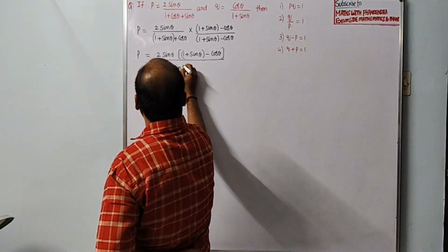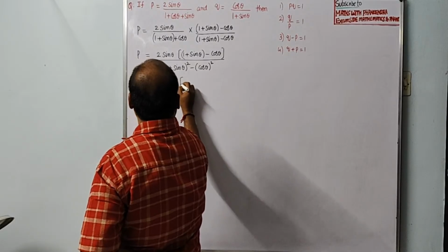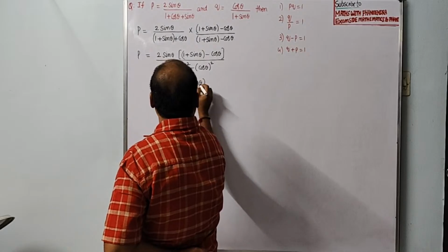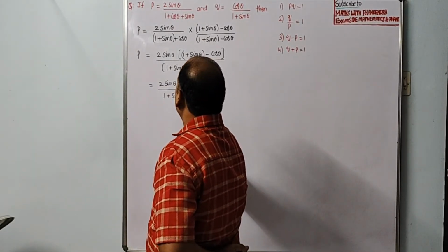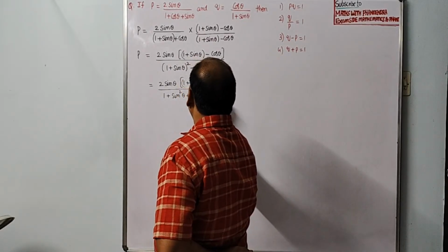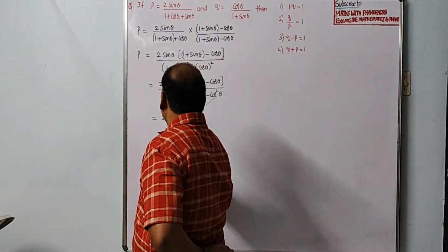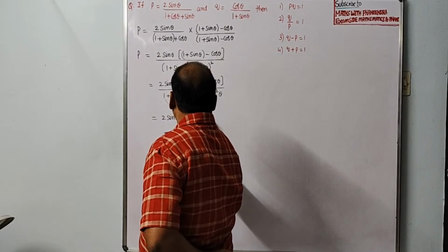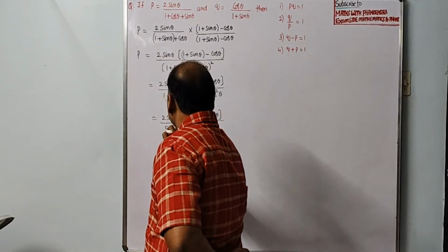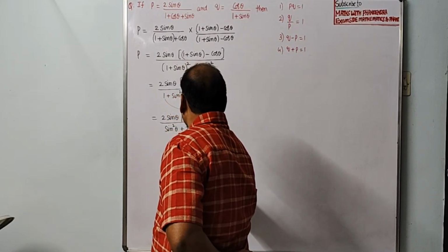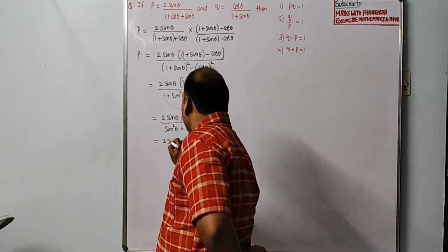So it becomes (1 plus sine theta) whole square minus cos square theta. That equals 2 sine theta into (1 plus sine theta minus cos theta) divided by 1 plus sine square theta plus 2 sine theta minus cos square theta. 1 minus cos square theta we can write as sine square theta.